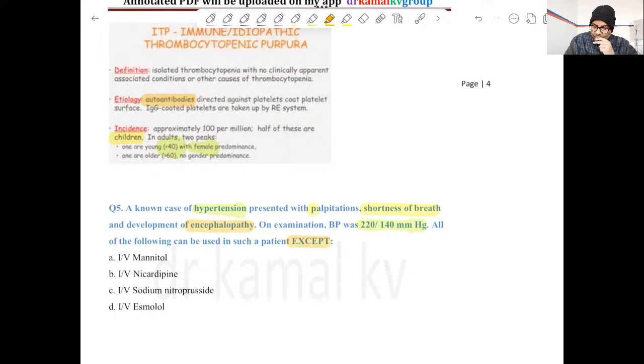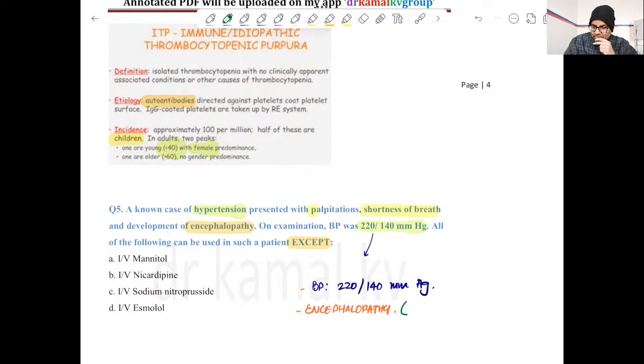If you look here, the BP is so high, 220/140 millimeter of mercury, number one. And number two, there is encephalopathy. It means there is involvement of the brain as well. So this is actually known as end organ damage.